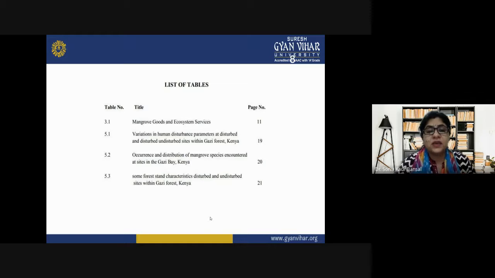You can see there is one table in chapter number 3, that is how it is given the number 3.1, and then we can see in chapter number 5 also we have some tables, and they are given numbers like 5.1, 5.2, 5.3, and the page numbers are also given as well. So this is how it is done.